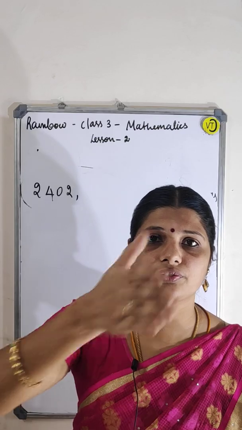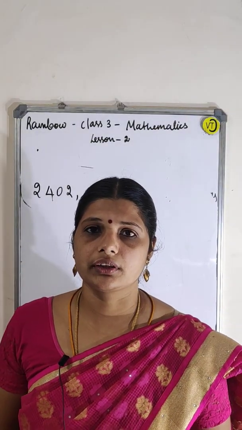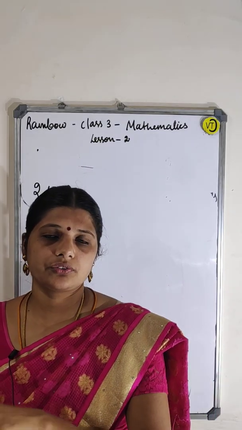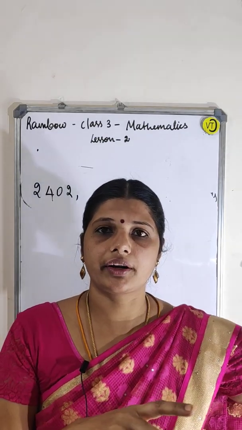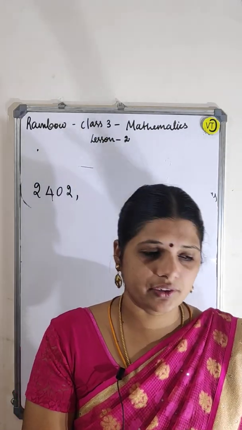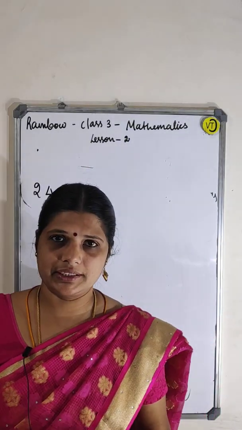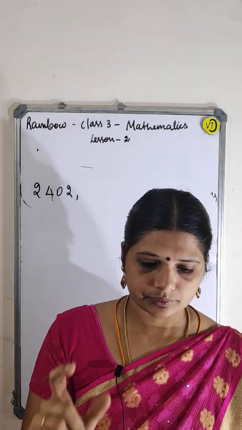So skipping of 5. And skip counting in tens. How you do it? So 2,410 is there, means 2,420, 2,430, 2,440, 2,450, 2,460. It is going on like that. So this is the skip counting of tens.